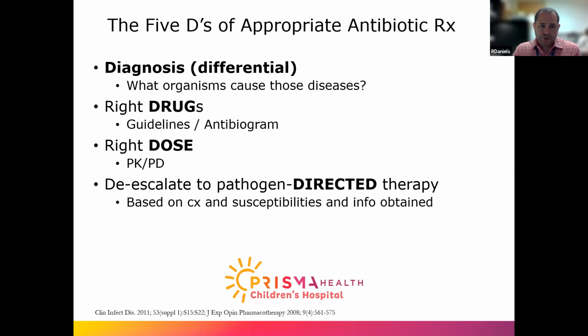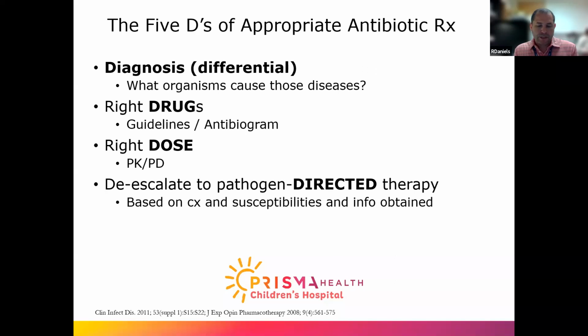So you want to make sure that you're covering the correct organism based on the differential that you have. It's the right drug based on the current guidelines that we have. So if you have an infection where you want to cover E. coli, make sure you're using the best drug for that, the right dose, like we talked about earlier in the conversation.